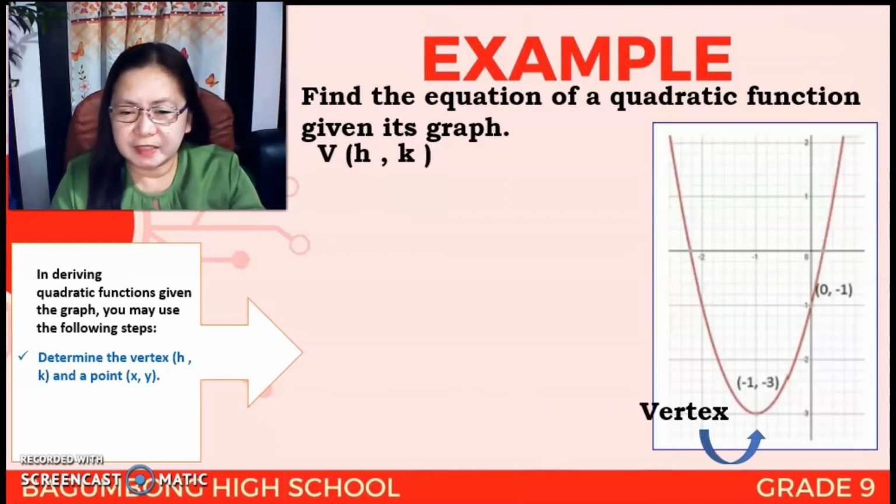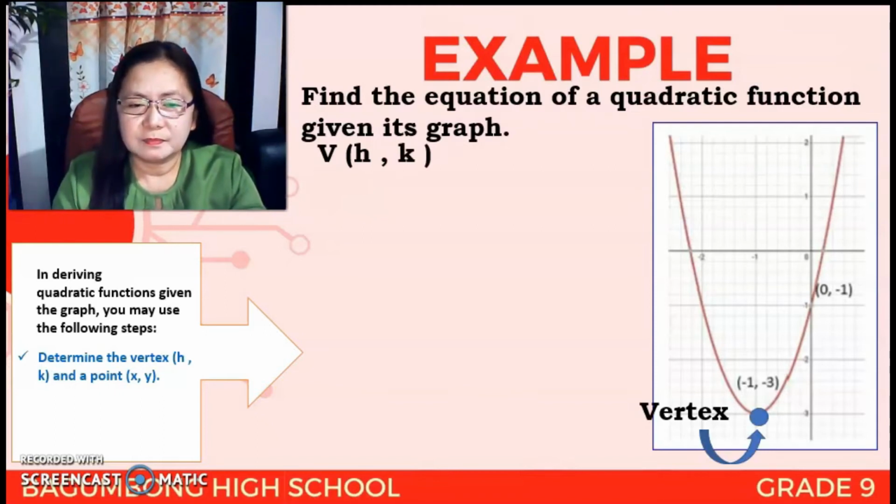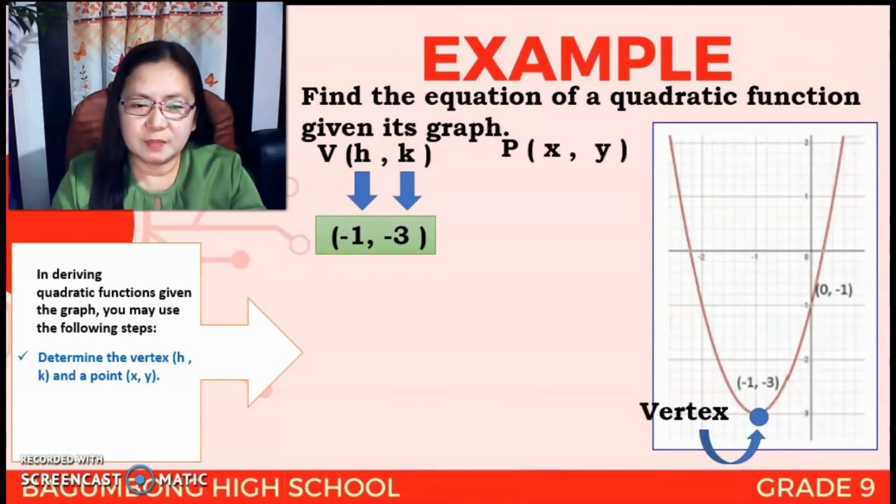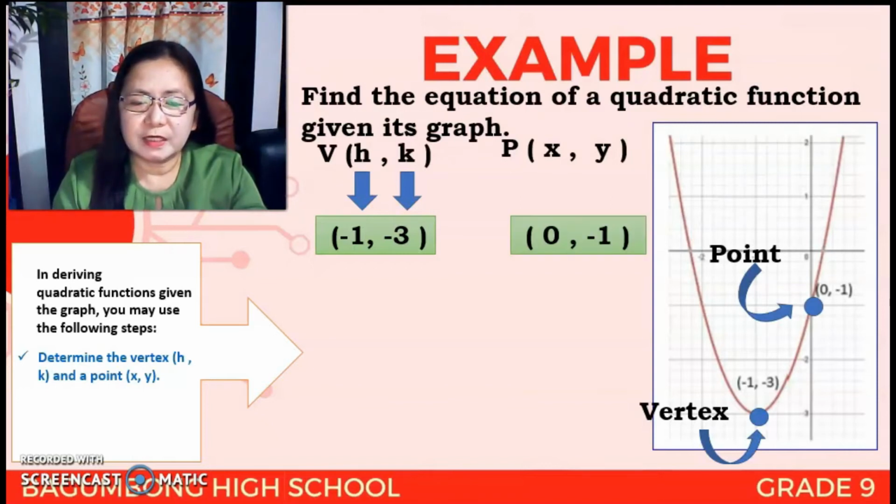This is the vertex of the graph or parabola whose coordinates are negative 1 and negative 3. So, h is negative 1, k is negative 3, and a point (x, y) on the parabola. This is a point on the parabola whose coordinates are 0, negative 1. x is equal to 0, y is equal to negative 1.